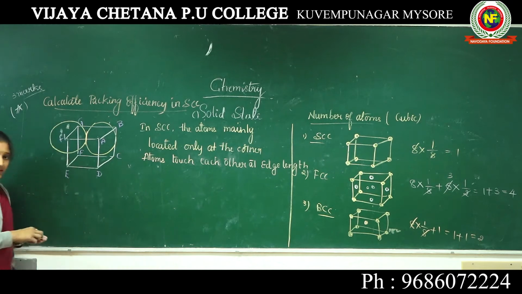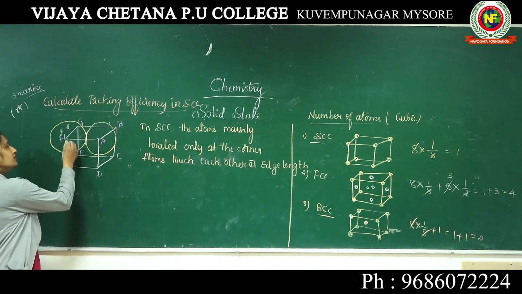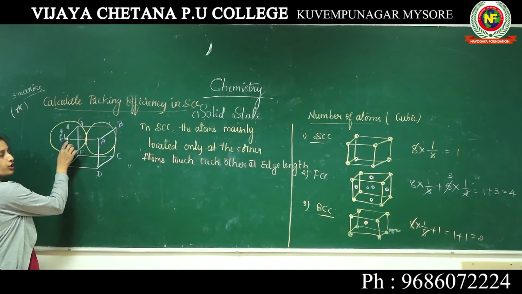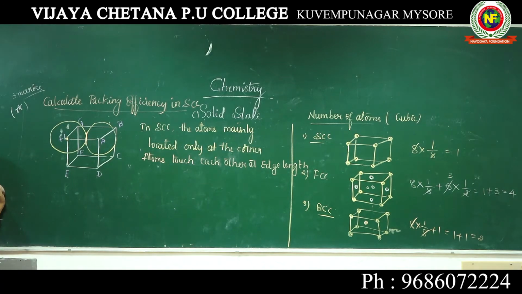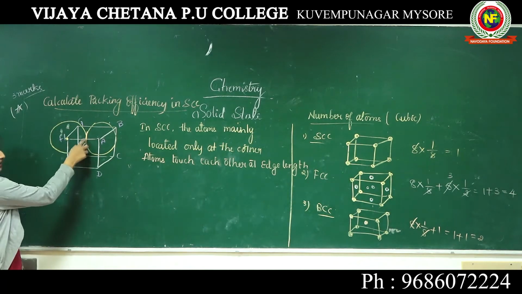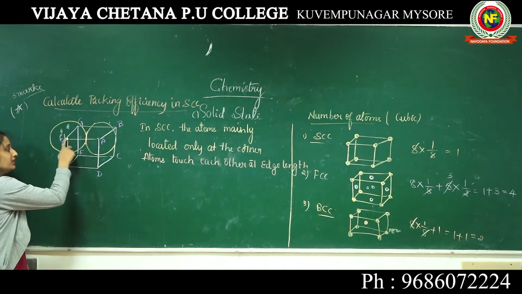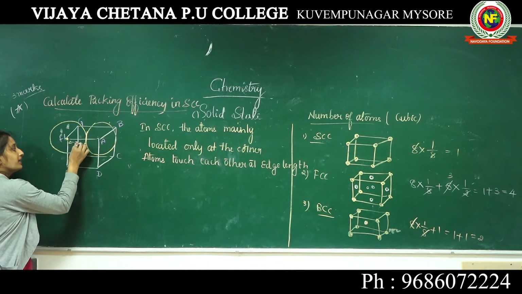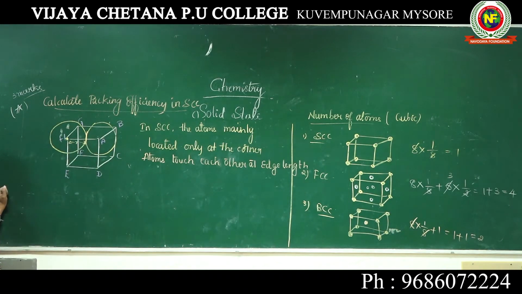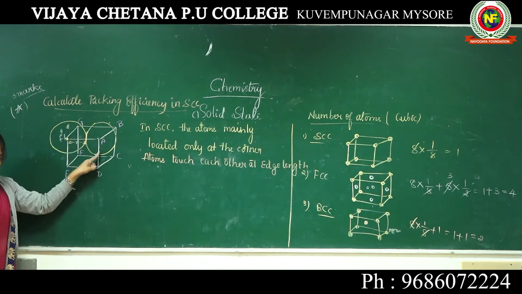Now, try to understand. This one, just assume it's an origin. From here to here, it looks like a circle. From here to here, shall I represent it as R? R means radius. It's a particle, right? Particle looks like a circle, right?